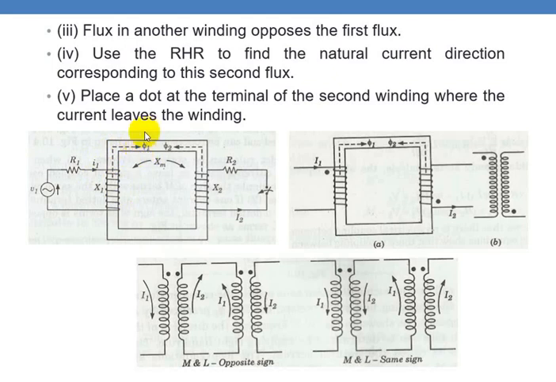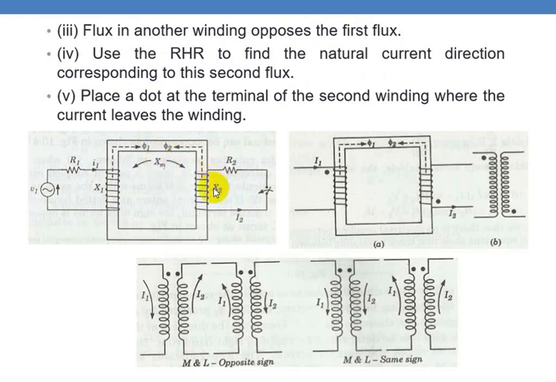Now, the flux in the other winding will oppose the first flux. You have to remember that the flux in this winding will always oppose this flux. So the current direction will be such that the flux flows in the direction opposite to that of the main flux phi 1.